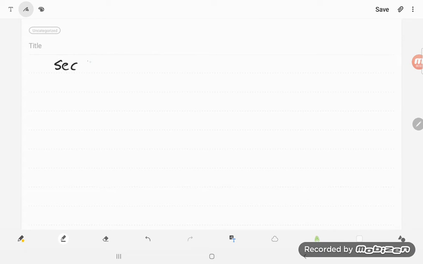Here's section 7.3, exercise 28. In exercise 28, they just ask us to decide whether we would prefer the disk method or the shell method, and explain our reasoning.